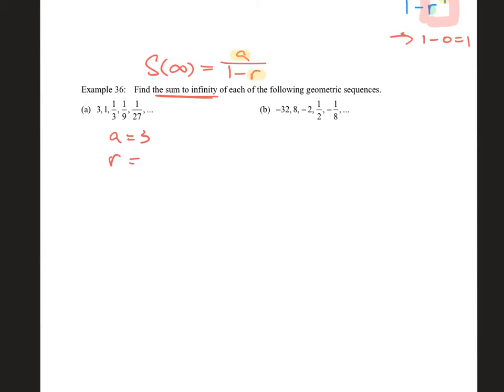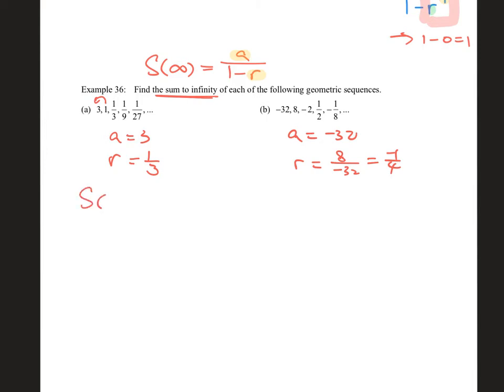Yes, that's good. You use the next term divided by the previous term. It's 1/3. Similarly, in part B, A is -32, while R would be 8/-32, which is -1/4. You definitely need A and R in dealing with sum to infinity of GS, or even when you're talking about simply GS, they are the necessary items you need to consider.